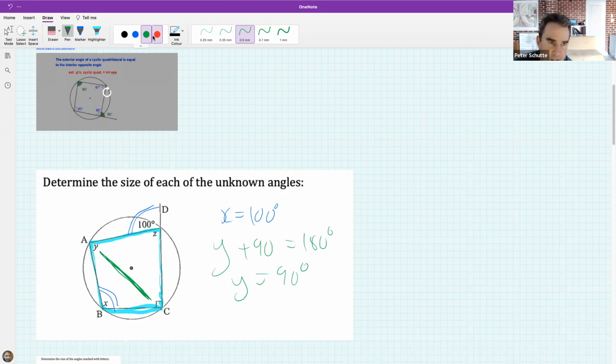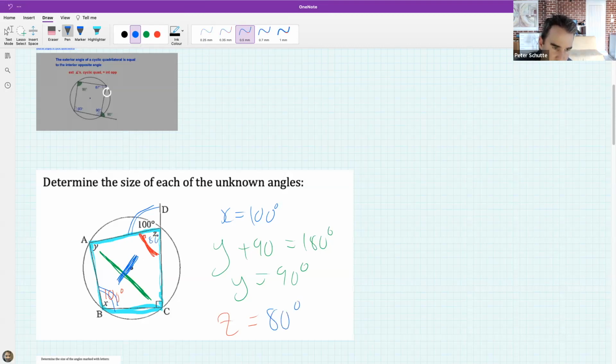Now, the last one is z, and z is sitting over here. There's actually two ways we can find z. The one way is to say, well, we know that x was 100, therefore 100 plus z must be 180. And so 100 plus what gives you 180? 100 plus 80.